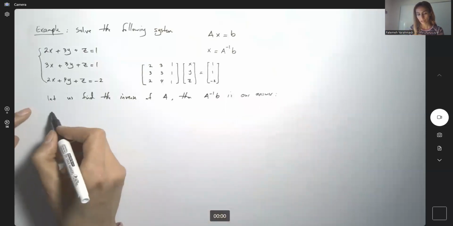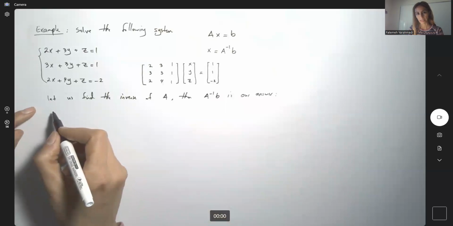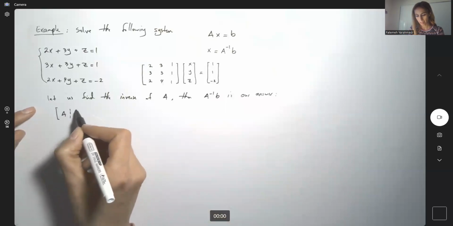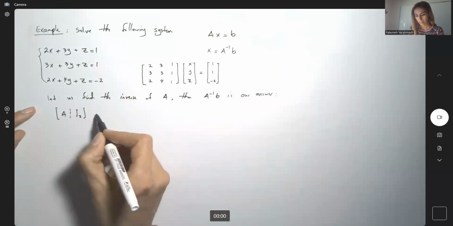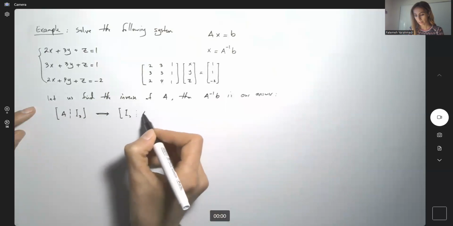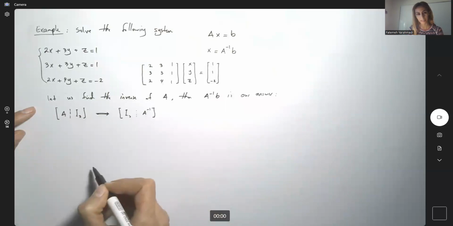Very good. So we're going to use the Gauss-Jordan elimination method. We're going to form A, and here you have I3, and our goal is to convert this into I3 and the inverse of matrix A.